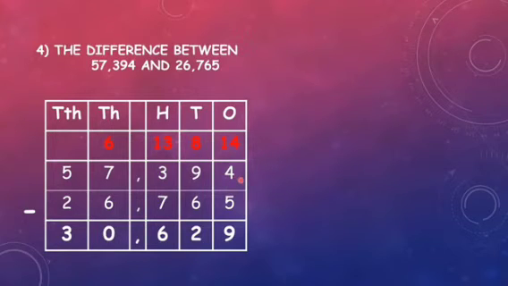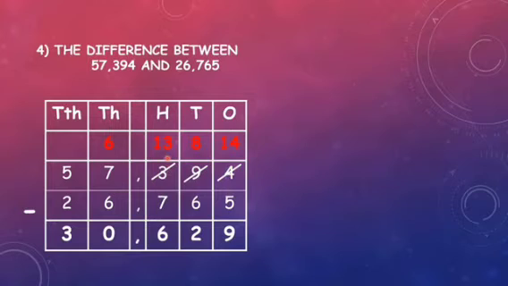Now since 4 is less than 5, I borrow 1, it becomes 14, minus 5 is 9. Then 9 becomes 8. 8 minus 6 can happen, so it is 2. Now here again 3 is less than 7, so I have to borrow 1.